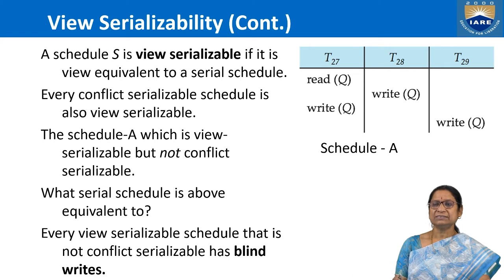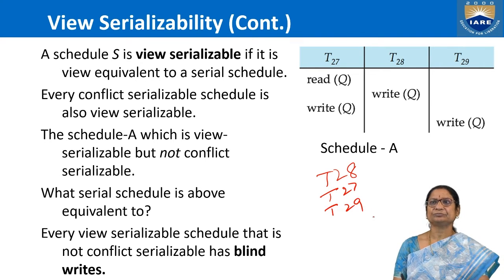So this may be equivalent. You can consider this equivalent to the serial schedule T28, T27, T29, because this satisfies view equivalency.